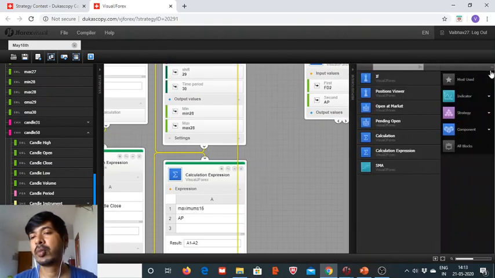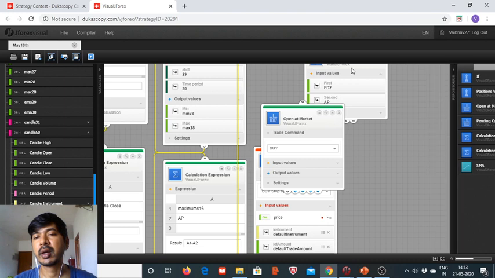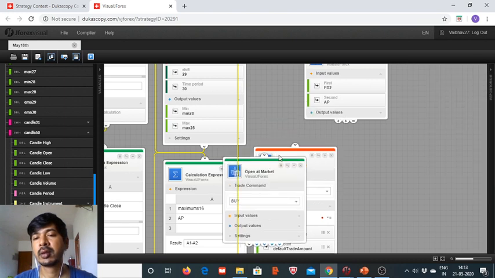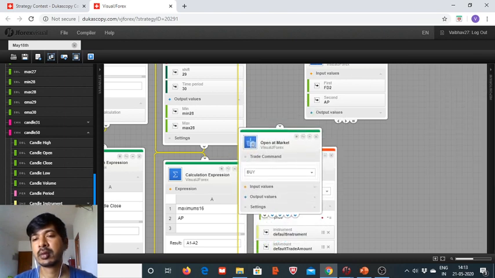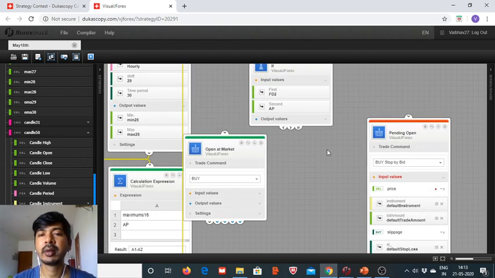and now we need to bring in the pending open and the open at market order. One side will be connected. So here comes this requirement.